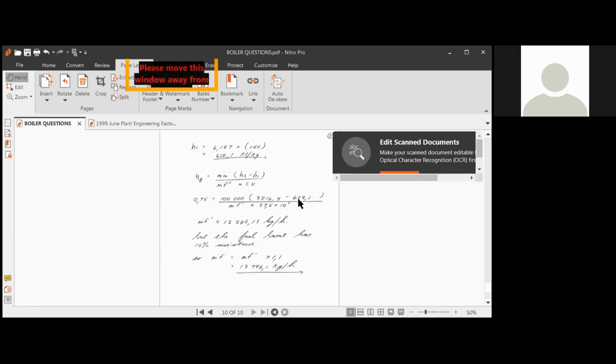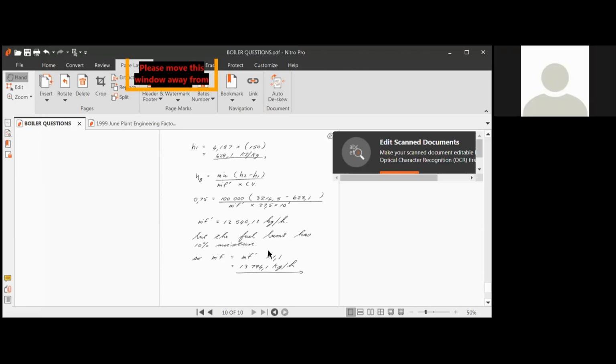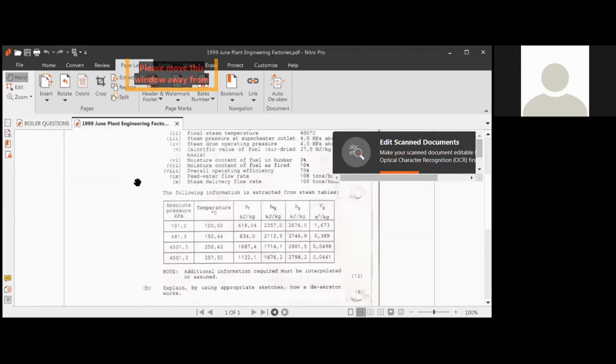But in your question, they say 100,000 is only for the steam, and you've got 108 tons per hour for your water. So shouldn't you say 100 tons per hour times H2 minus 108 tons per hour times H1?